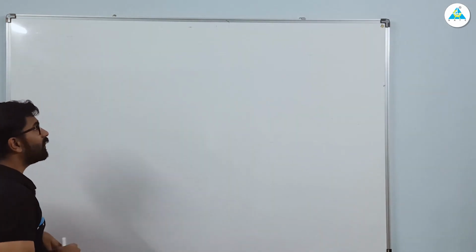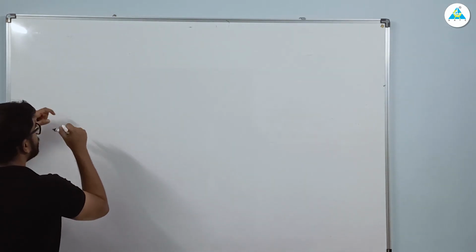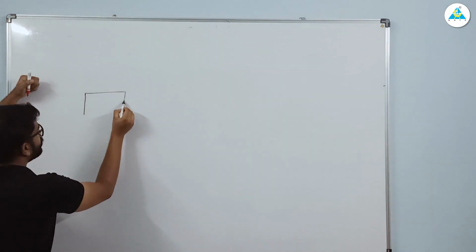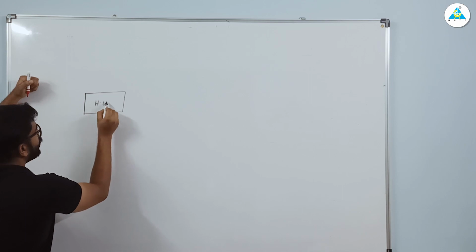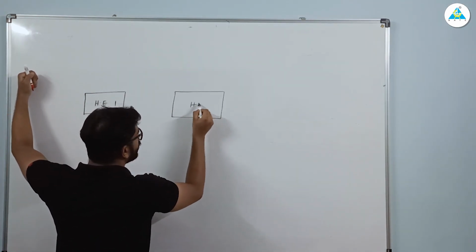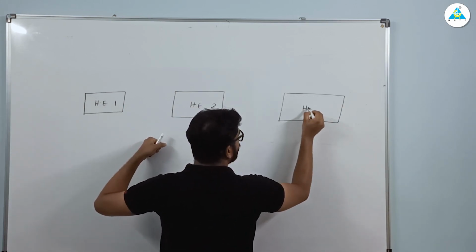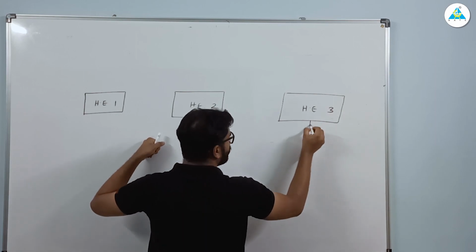Clear? To understand that, I will draw three diagrams, three heat engines: this is heat engine 1, this is heat engine 2, and this is heat engine 3.